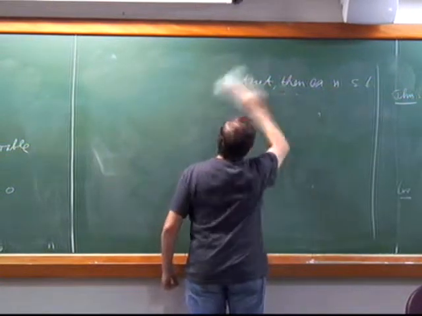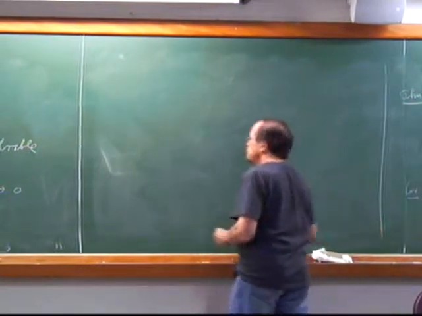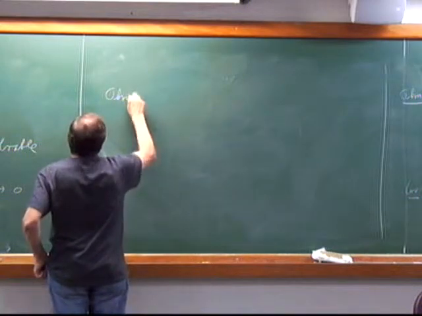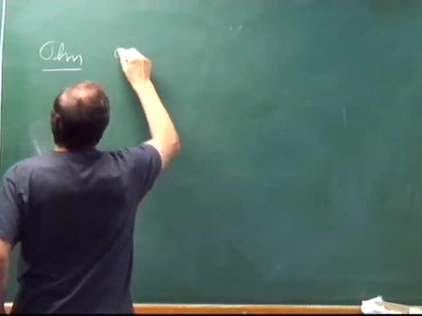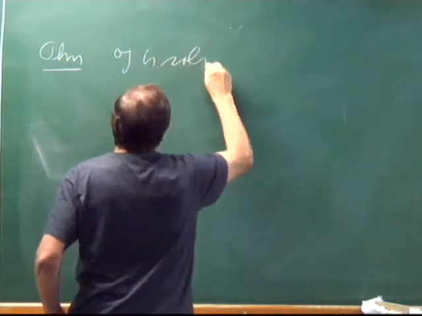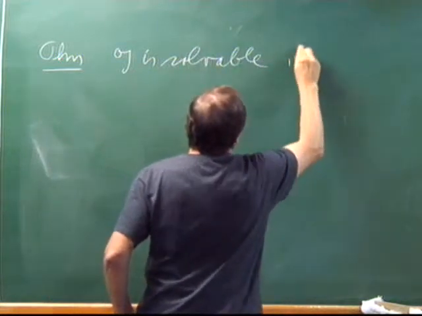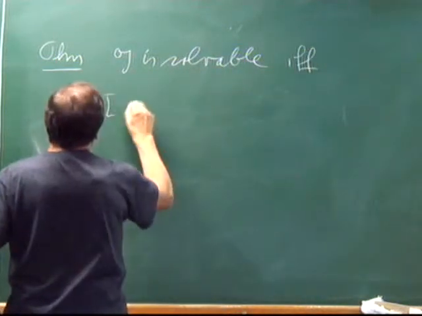One more fact is a theorem: G is solvable if and only if the commutator is nilpotent.